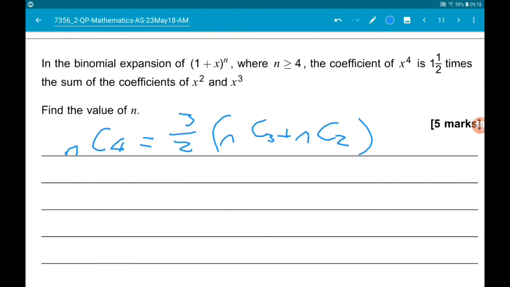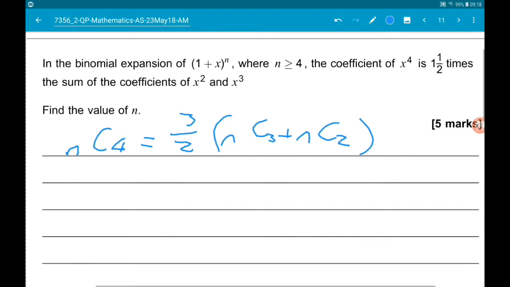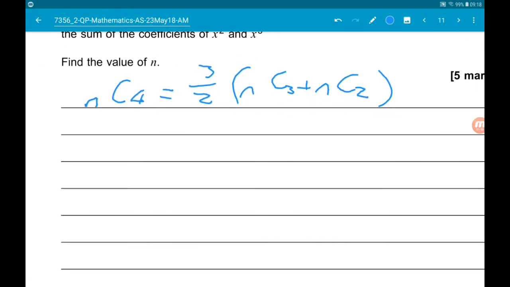So we're going to convert each of these terms into their factorial form. So n choose 4 is n factorial over 4 factorial, which is 4 times 3 times 2 times 1, so that's 24, times n minus 4 factorial.